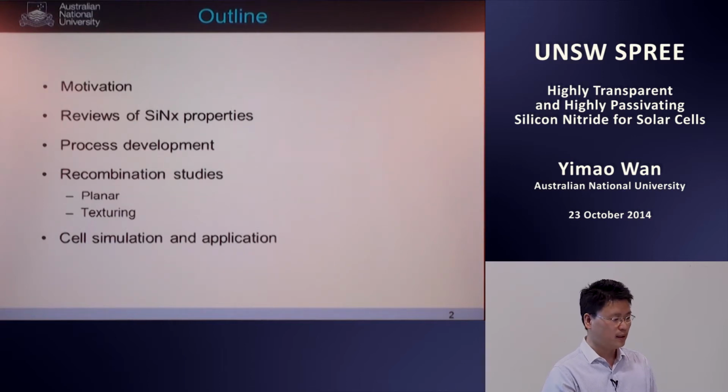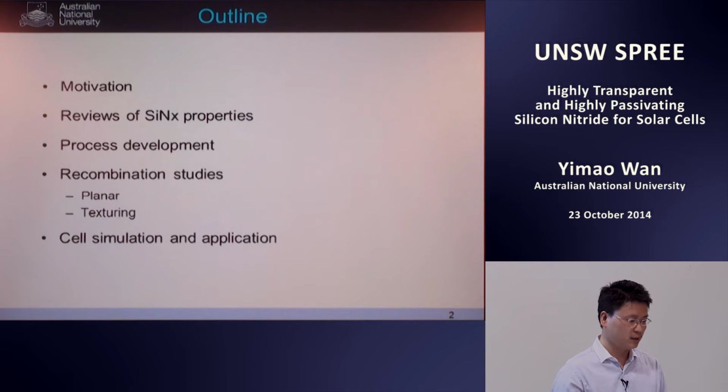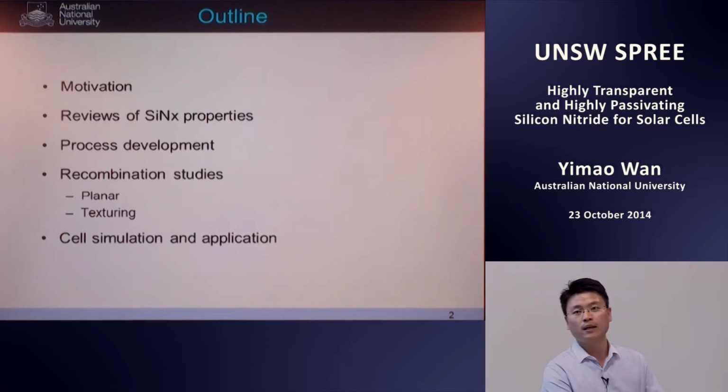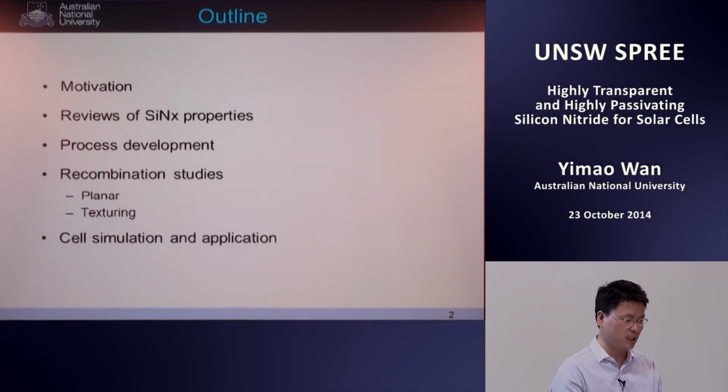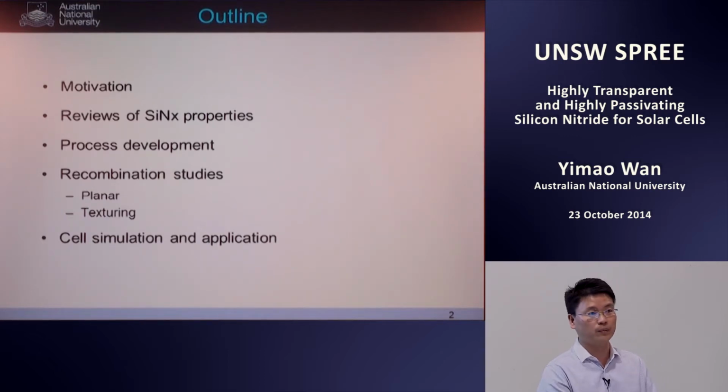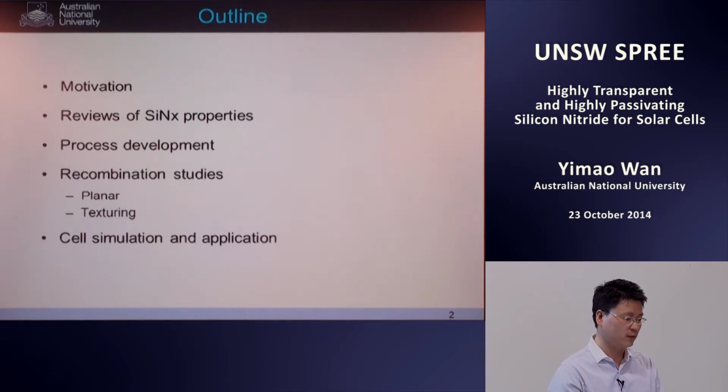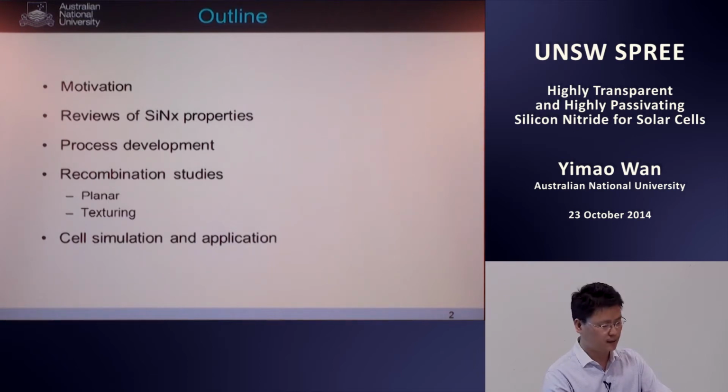After that, I will present some recombination studies for silicon nitride passivated surfaces, where the silicon surfaces involved are planar or textured. The final part is some simulation to study the impact of silicon nitride properties at cell level, and I will finish with the application of the nitride on IBC cells.